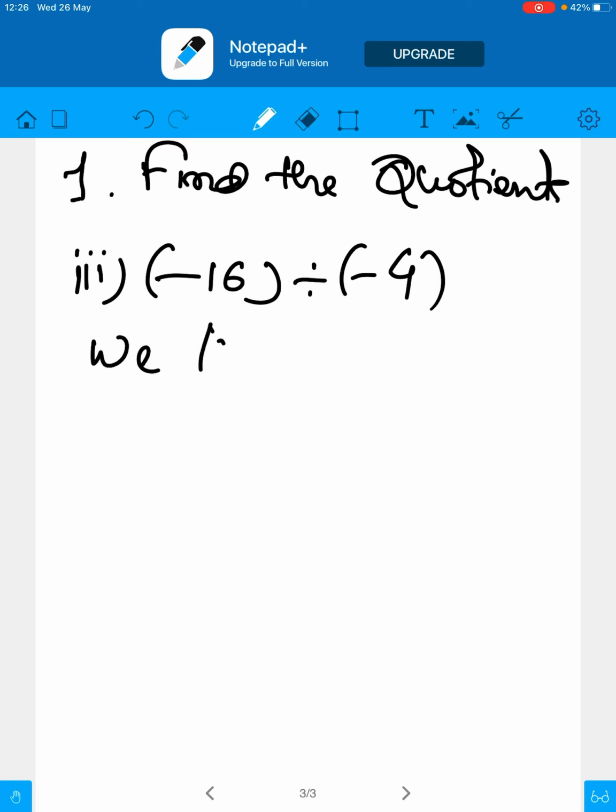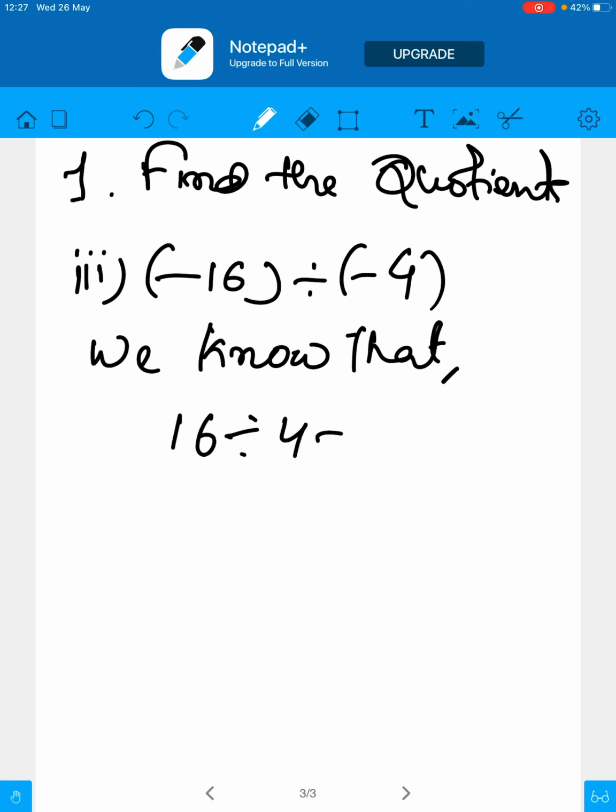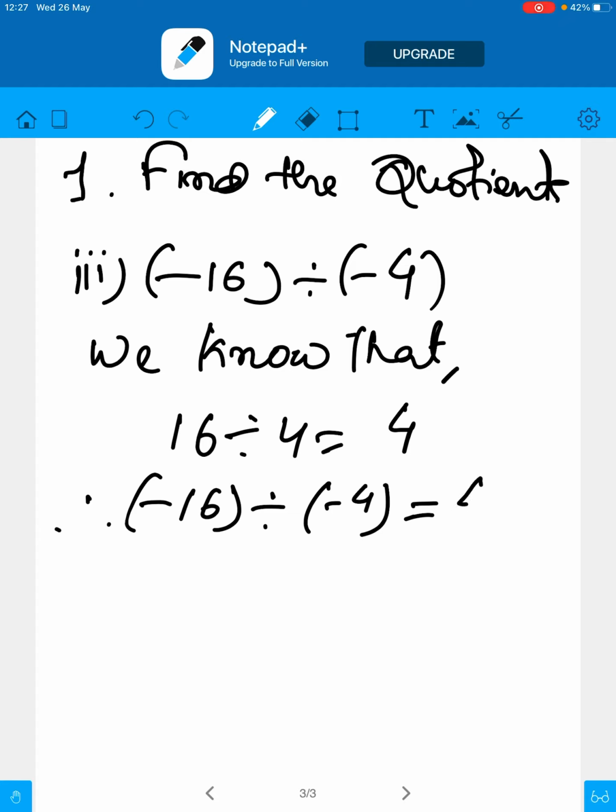We know that 16 divided by 4 is equal to 4. 4 fours are 16. Therefore, minus 16 divided by minus 4 is equal to 4.